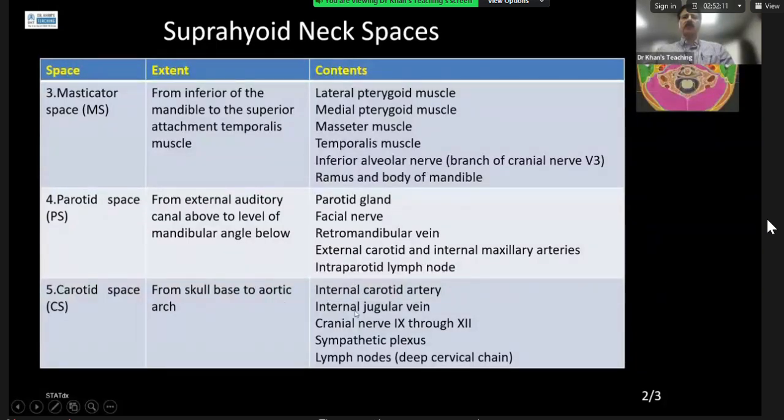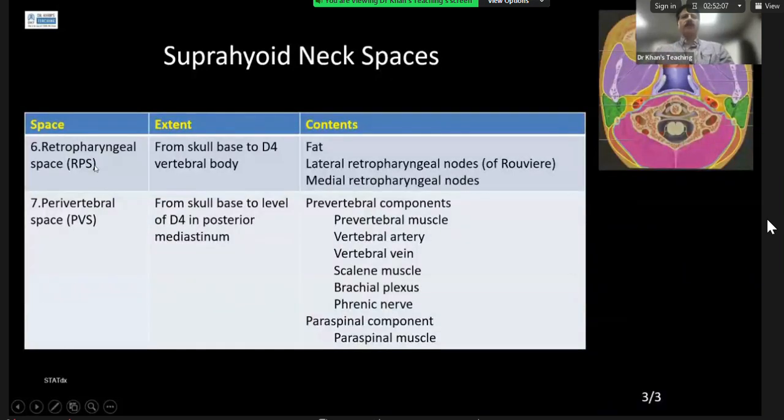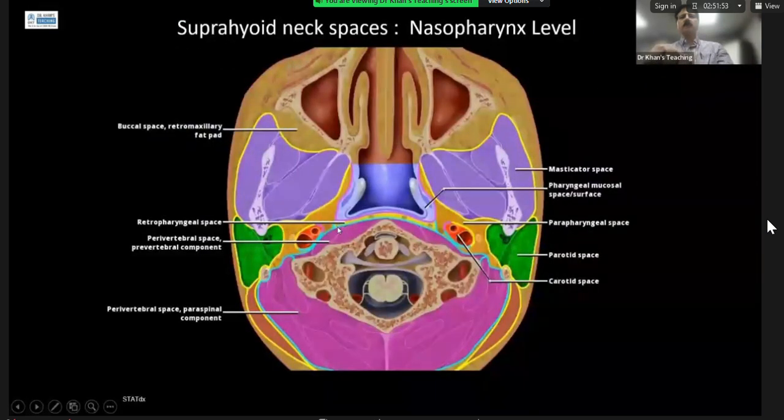And it has got these contents. Now, retropharyngeal space from base of skull to D4, all the way into the mediastinum. Perivertebral space from base of skull till D4 in the posterior mediastinum, and these are the contents. So this is a critical concept which we are going to learn as we proceed in our course.